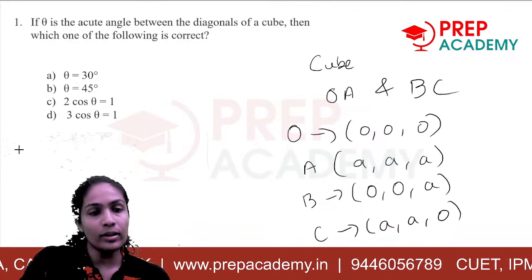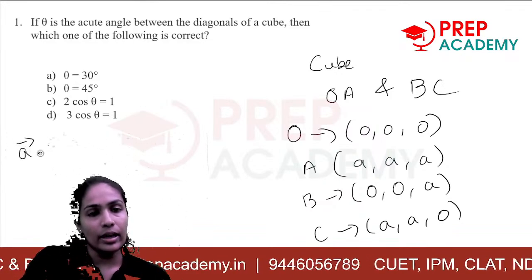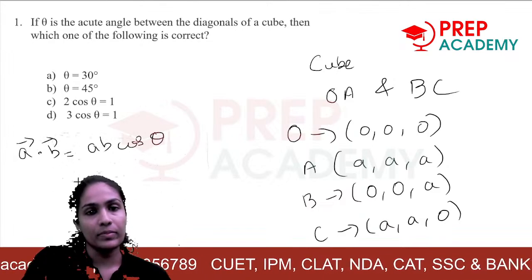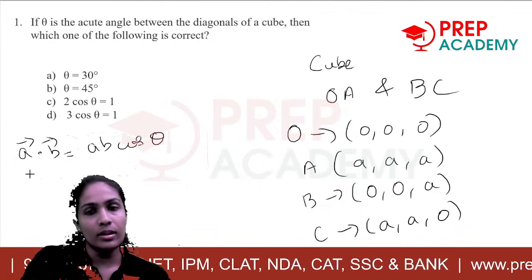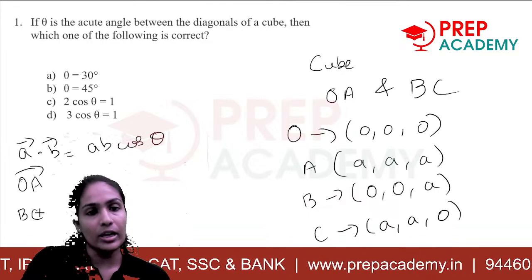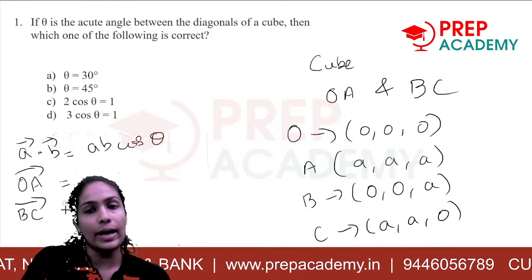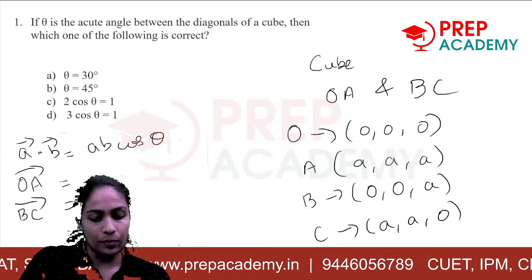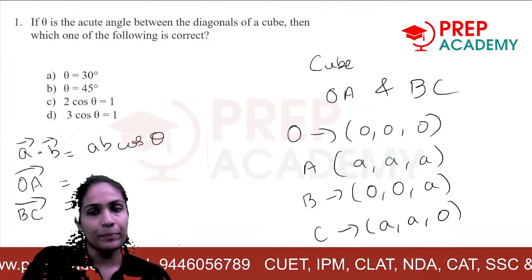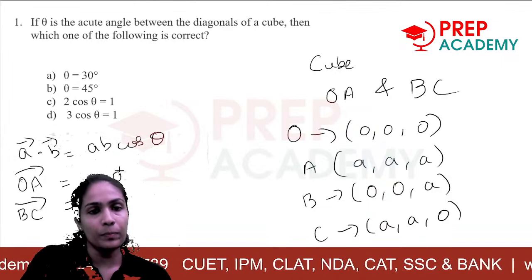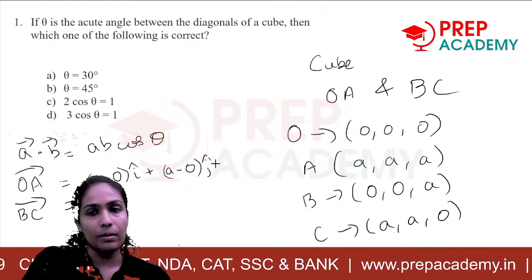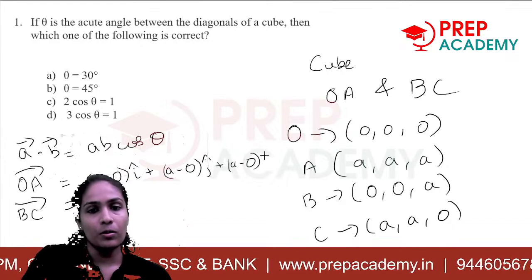So we know that vector A dot B is equal to AB cos theta. Since a cube is a three-dimensional figure, you can find the OA vector and BC vector, where OA and BC are the two diagonals of the cube. OA vector is (a minus 0) i cap plus (a minus 0) j cap plus (a minus 0) k cap.